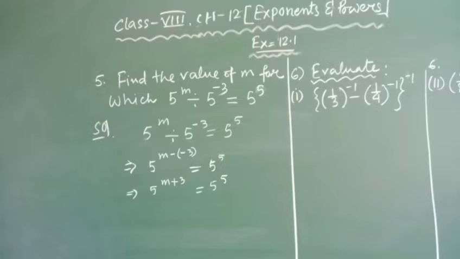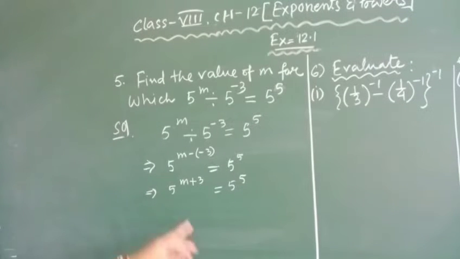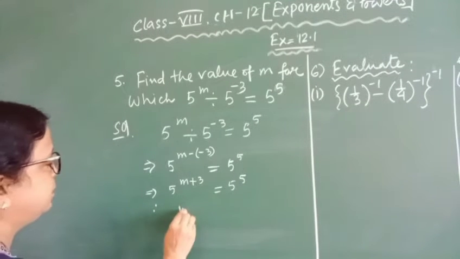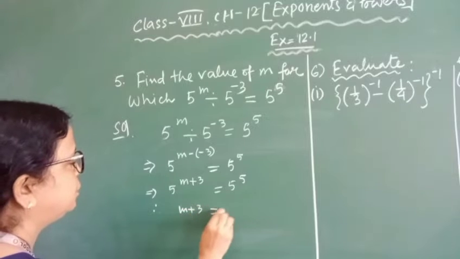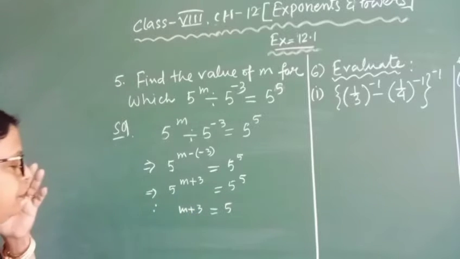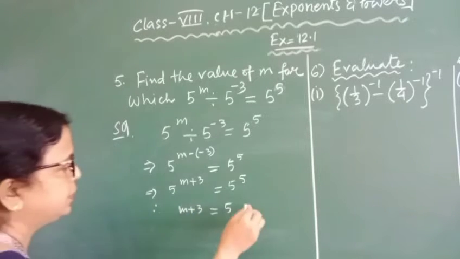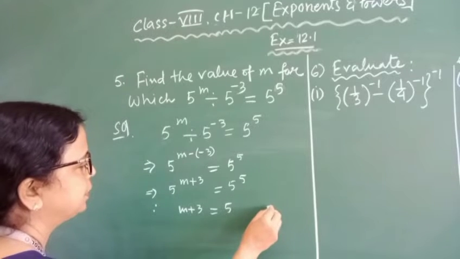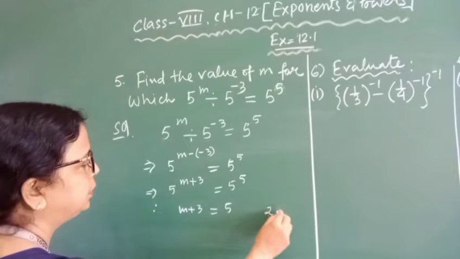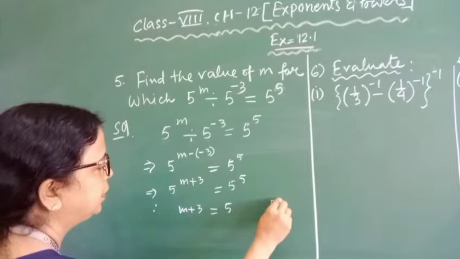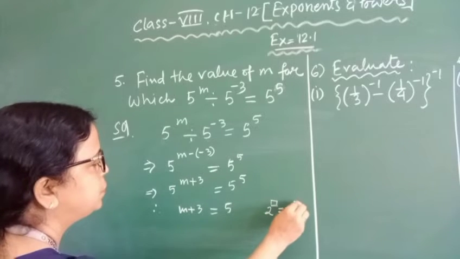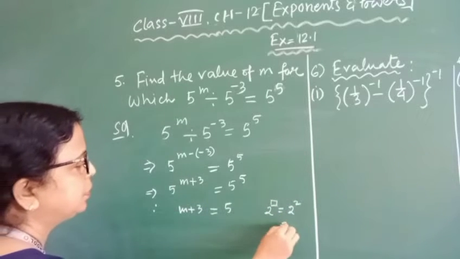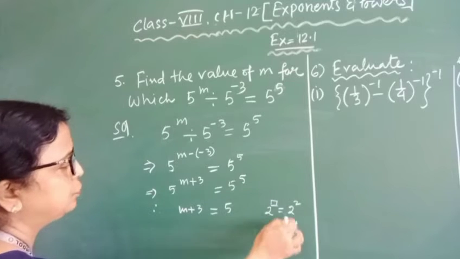Therefore you can write m plus 3 equal to 5. For an explanation, say 2 to the power something is same as 2 to the power 2, that means it is 4. 2 to the power 2 means 4.